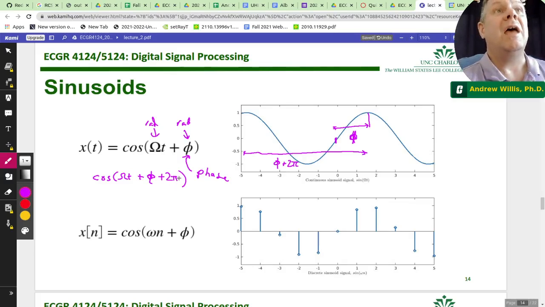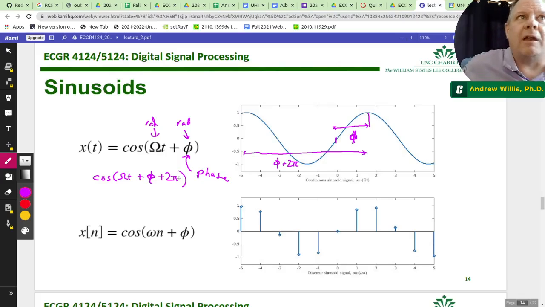If you take any value inside of a trigonometric function and add 2 pi to it, well, cosine and sine are 2 pi periodic. That means that they'll take on the same value 2 pi radians later.